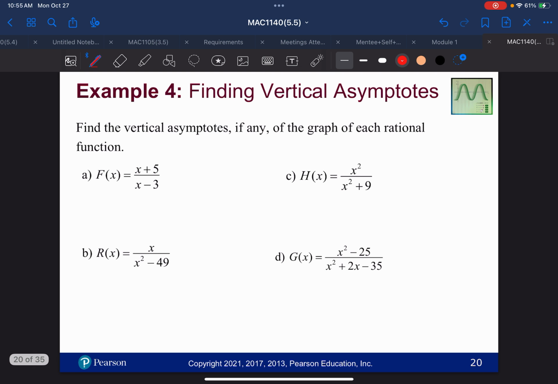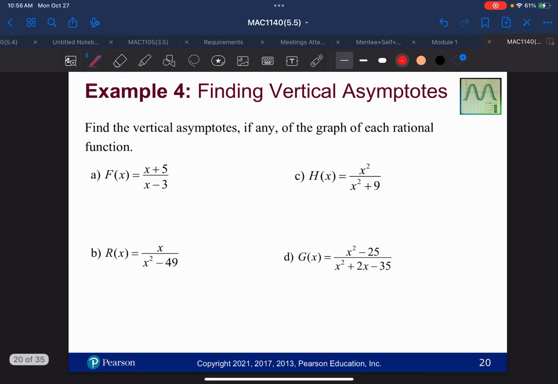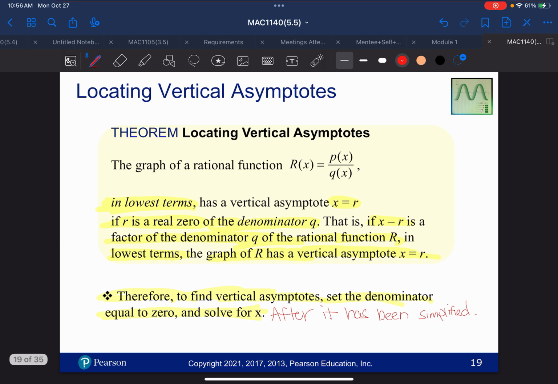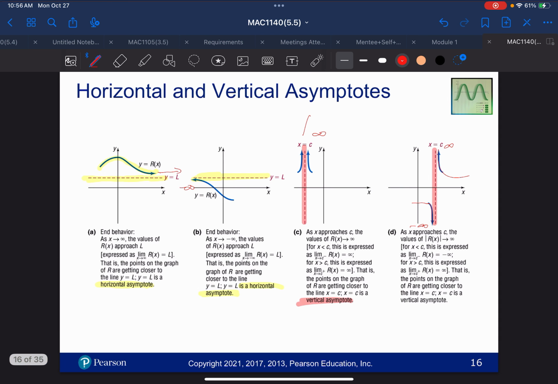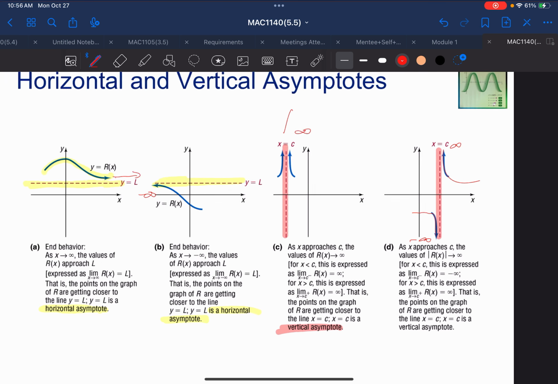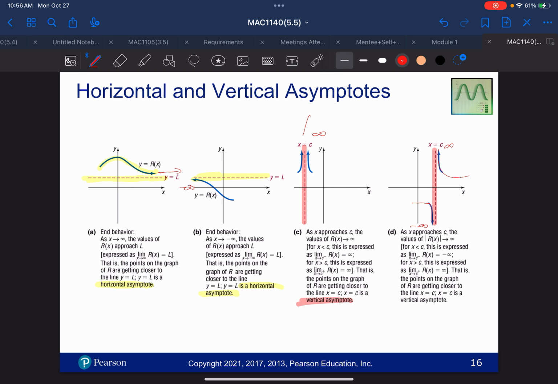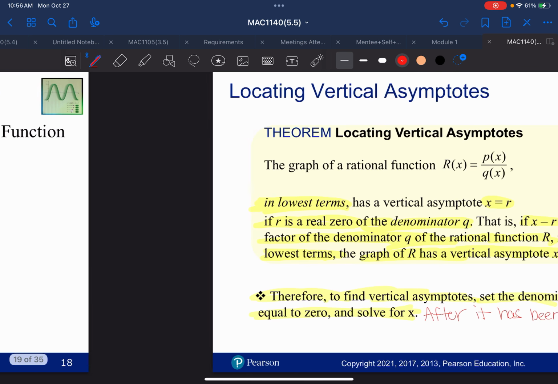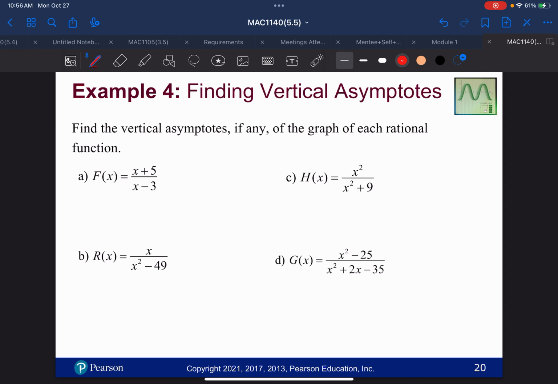So let's see a couple examples. So for A here, let's just think about this too. Vertical asymptotes are the values that make the denominator equal to 0. That makes sense because vertical asymptotes are values our function can never touch. Any x value that makes the function undefined, of course, our graph will not be touching because we can't plug it in. It's not in our domain. At these values of x that make the denominator equal to 0, our graph does weird things.